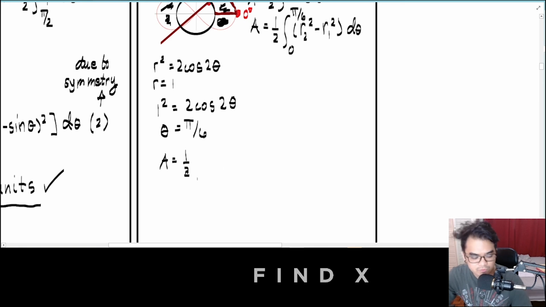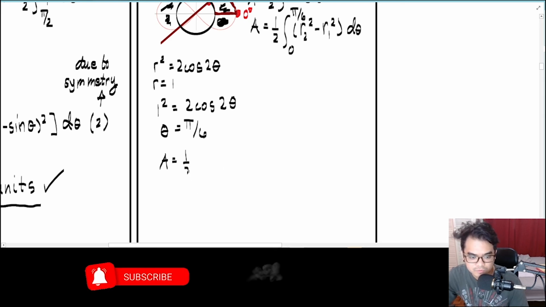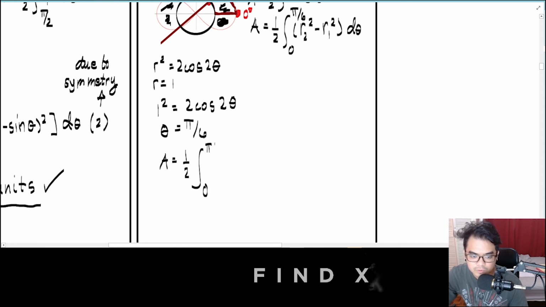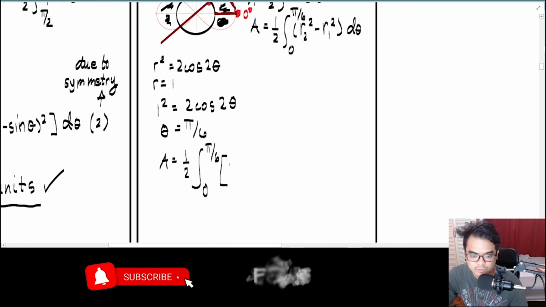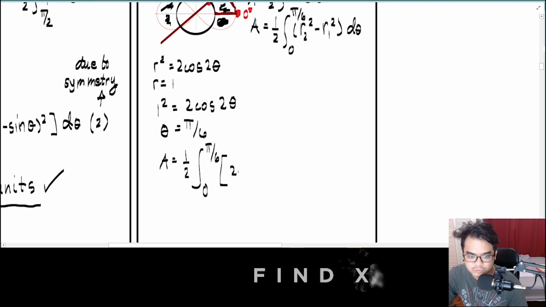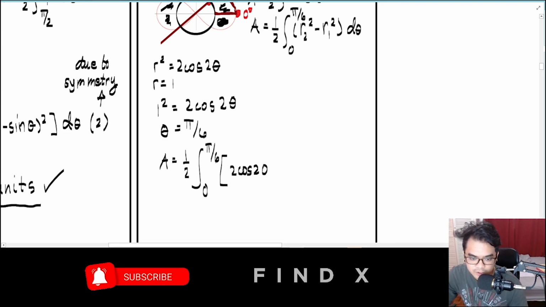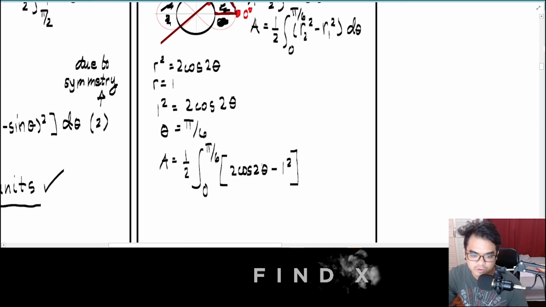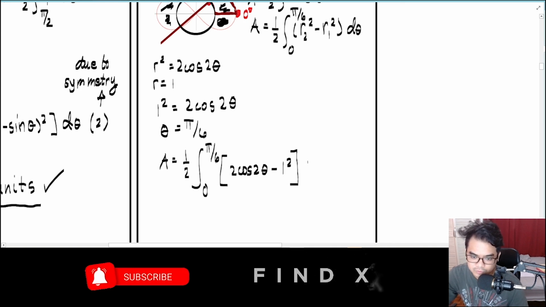Then all you have to do is substitute the equations. The integral from 0 to pi over 6 of r squared, which is 2 cosine 2 theta, minus 1 squared, which is still 1, d theta. But don't forget to multiply this by 4.